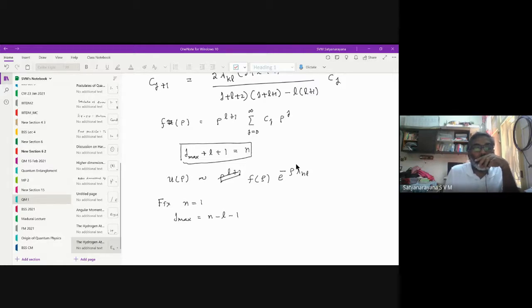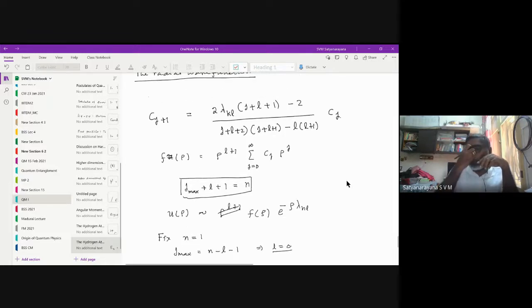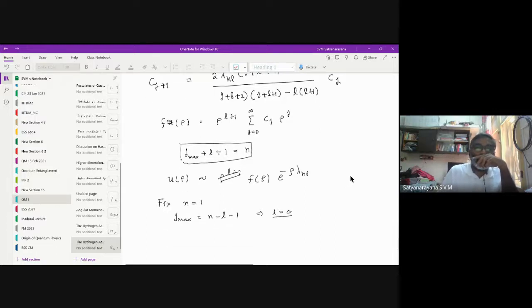If I say n is equal to 1, that implies l is equal to 0, correct? So 1 minus 1 is 0, that is the starting point, right? J max has to be non-negative. So L is equal to 0. That means C0 is some value.